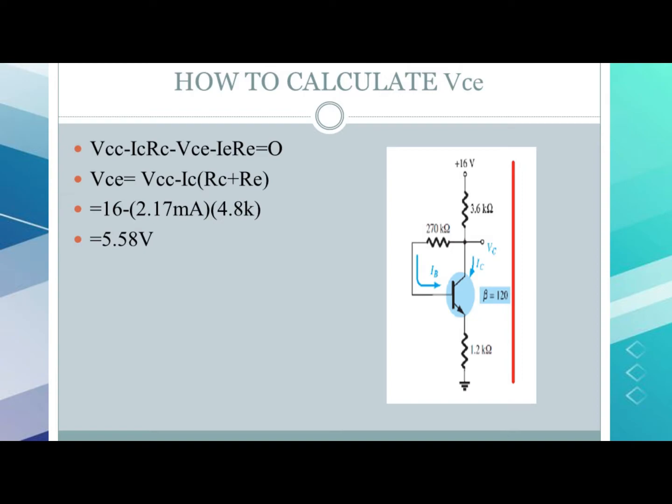How do we get IC bracket RC plus RE? We use this formula because IC and IE are the same value, so we can factorize. After we factorize, we just get IC bracket RC plus RE. Put the value in this equation and we get VCE equal to 5.58 volts. That's all.